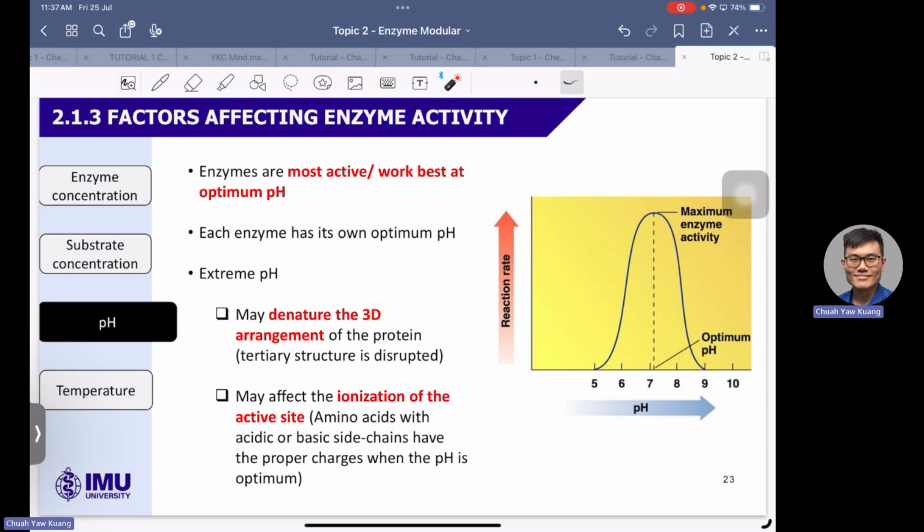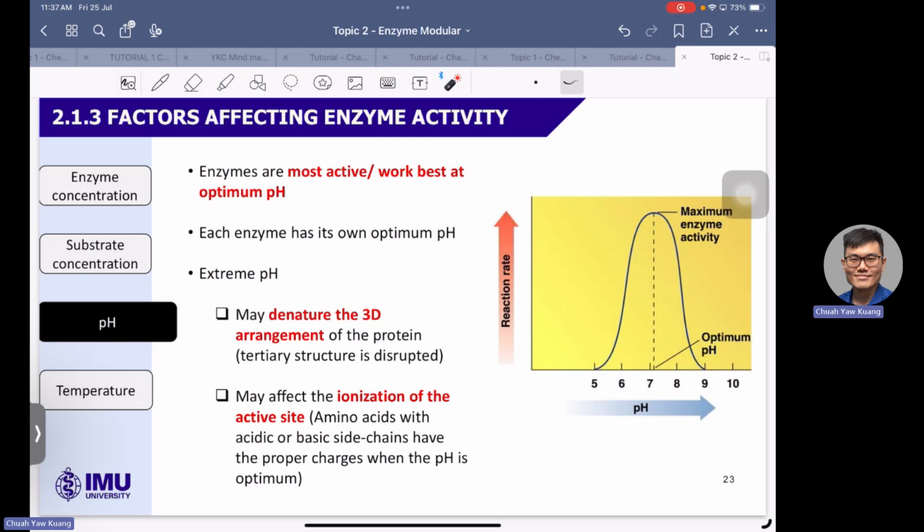For example, pepsin enzyme, pH 2 is the optimum. Trypsin, pH 8 is the optimum. Amylase, pH 7. So you cannot say lower than pH 7 or higher than pH 7. Different enzymes, different pH. This is one of the keys that you need to remember.